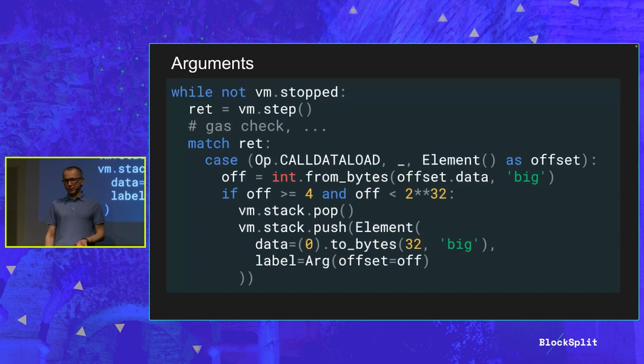Arguments extraction is basically the same. I am tracking call data load calls with offset greater than 4, because the first 4 bytes are the function signature. And after that, all I need is just to deduce argument types.